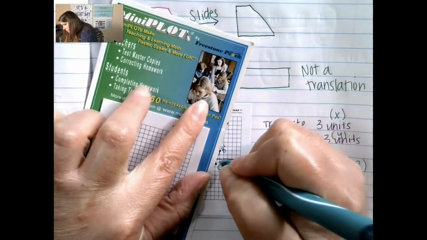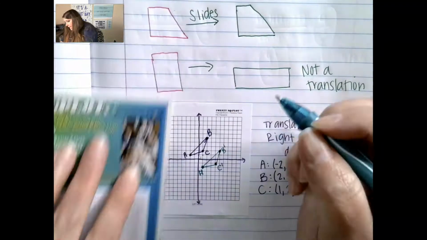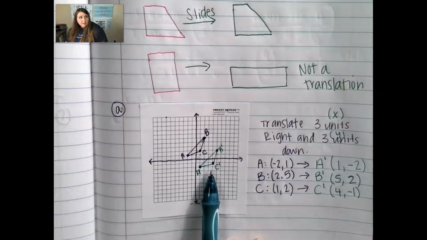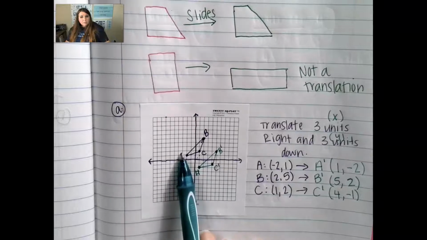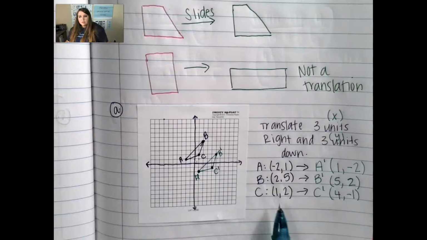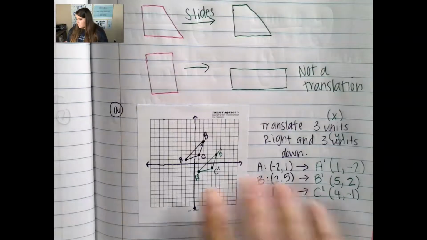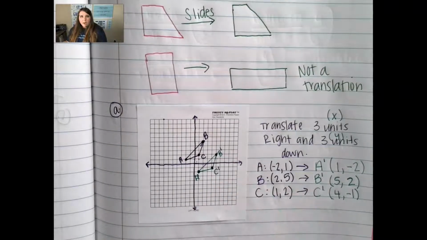It's the same size. It's facing the same direction. It's just slid from one place to the next. So it's just sliding from one to the other. So you can graph it, or you can use the directions to tell you, are you adding or are you subtracting? Okay, let's turn the page and we're going to do our next example.